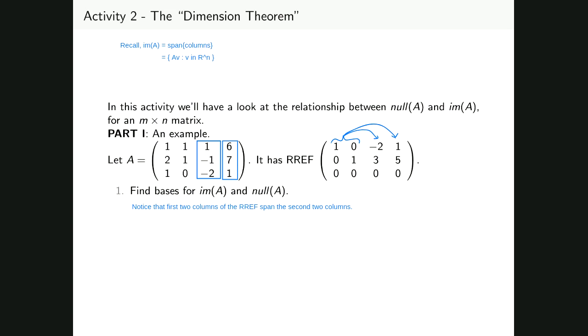Okay, so we want to write 1, -1, -2 as being in the span of those first two vectors. If we look at the third entry here, we want to write it in the span of these, so we notice that we need to have a -2 going with that 1.